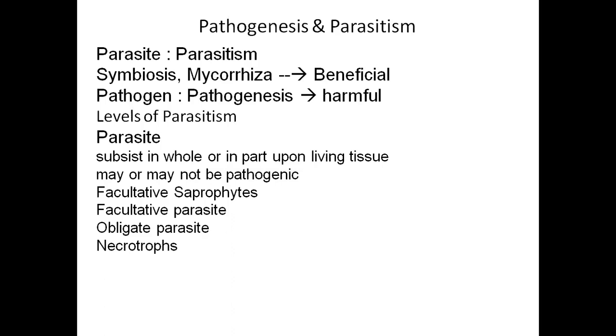And there are some different categories of these parasites, and that also depends on how they multiply, how they survive, and how they attack or make their relationship with the host plant, like facultative saprophytes.